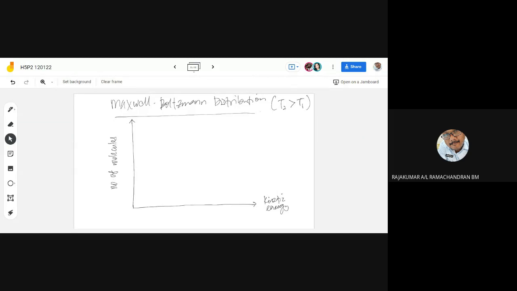Curve T1 will be narrow and tall. Narrow maksudnya kurus. Kurus dan tinggi macam tu lah.